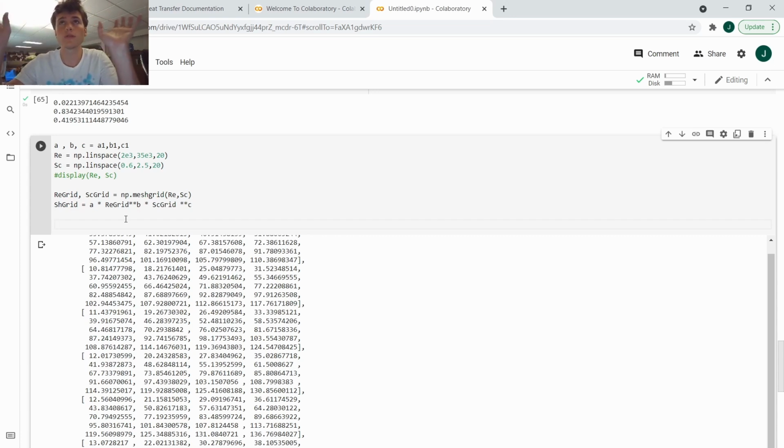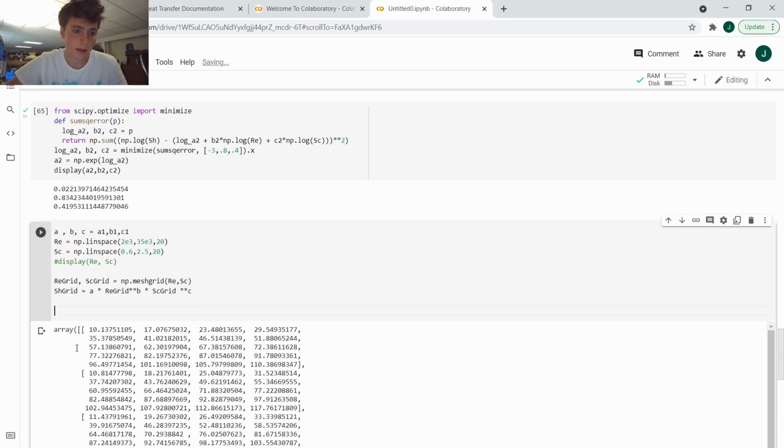If you have two lists with elements in it, the zip function is just going to pair them one to one. So the first element of this list with the first element of this list. That's what we have to use so that we can pair the first element of our Sherwood grid list with the first element of our Reynolds grid and the Schmidt grid.